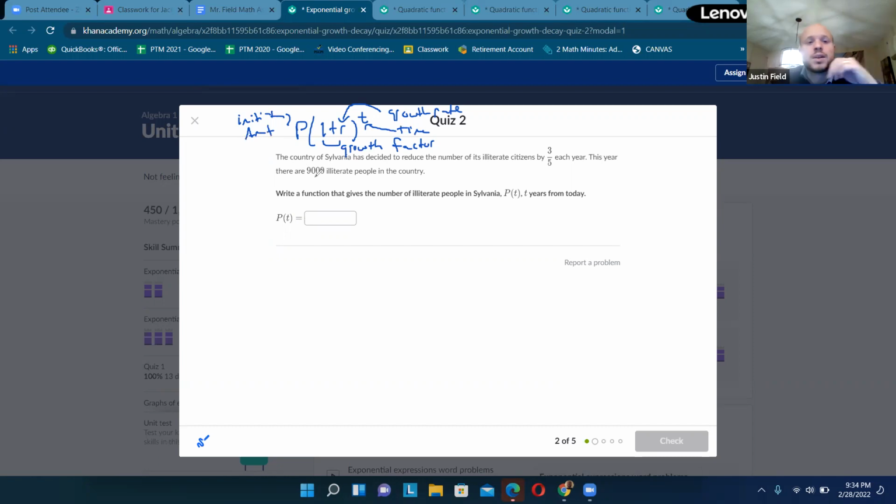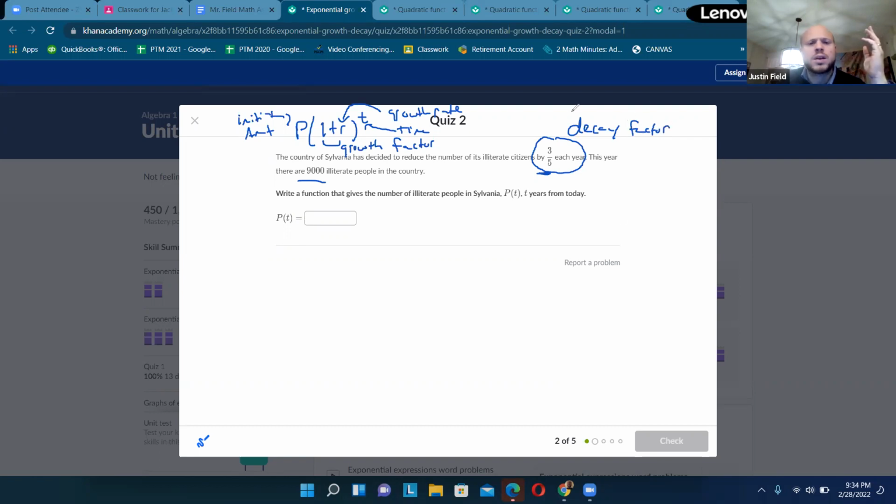Okay, so reduce by 3/5 each year. This would be 9,000 illiterate people in the country. But they're reducing by this much each year. So that's not a growth factor, that's a decay factor. The decay rate.